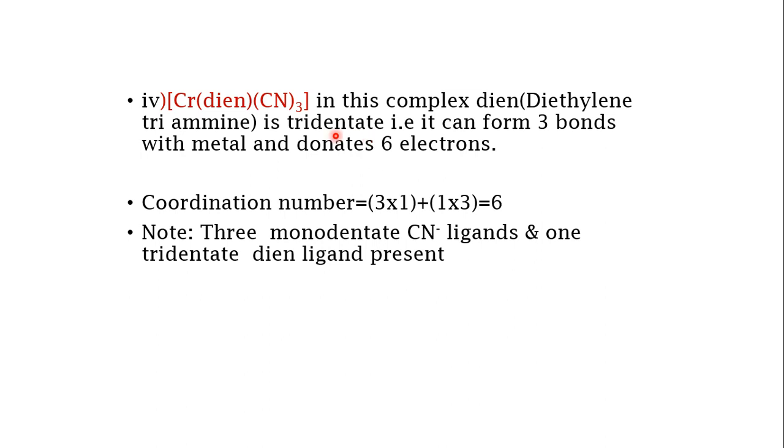So the coordination number is 3 into 1, since there is only one dien, plus there are 3 cyanide ligands. Each cyanide ligand is a monodentate ligand, so it is 1 into 3. So 3 into 1 plus 1 into 3, the total comes to 6. So the coordination number of this particular complex is 6.